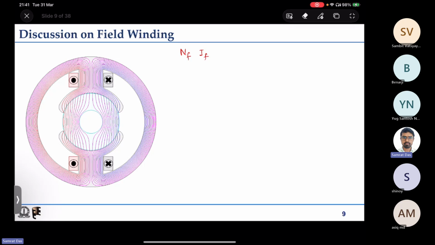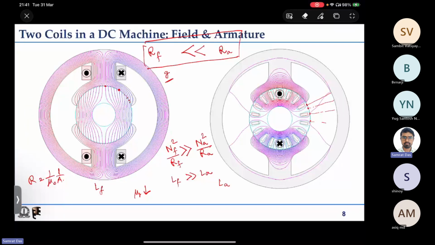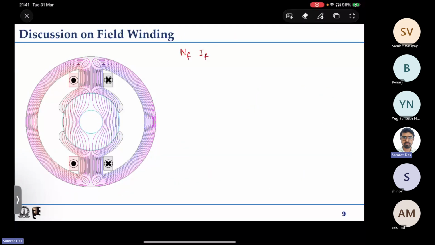Say we have designed this machine and decided on some air gap length, which is mostly decided based on mechanical constraints of our manufacturing. And say we have decided on the flux density that we want under this pole.